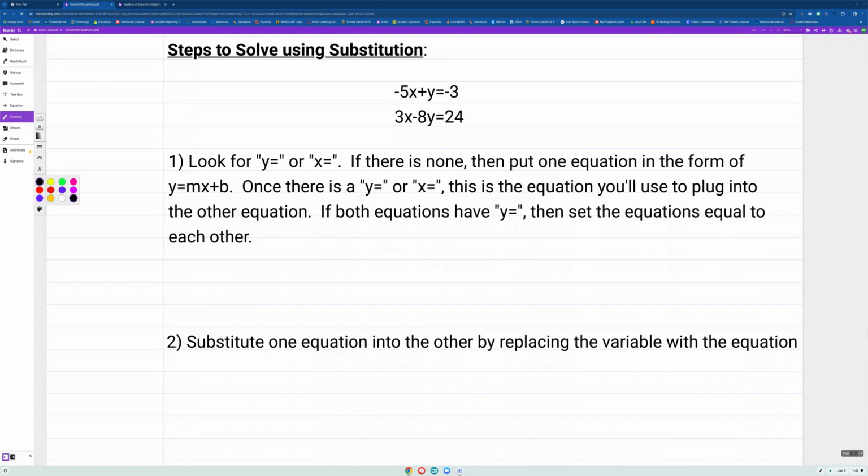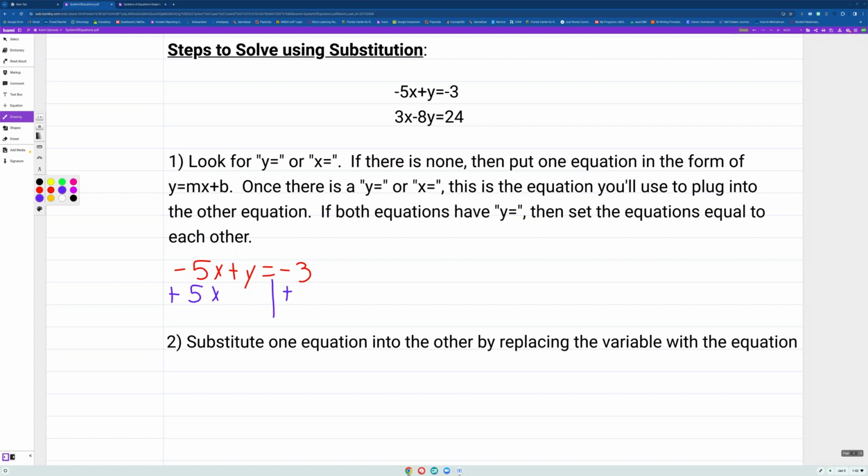So I'm going to go ahead and turn this first one into the form y equals mx plus b. So I have -5x plus y is equal to -3. To do this, all I have to do is get that -5x on the other side. To do that, I'm going to add 5x on both sides, because the opposite of a negative is a positive.